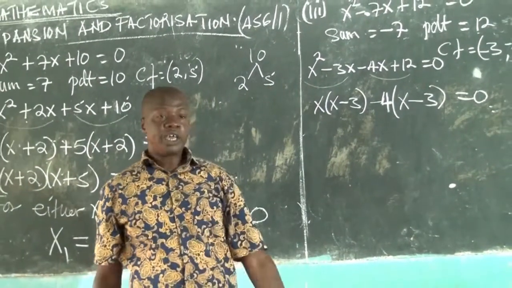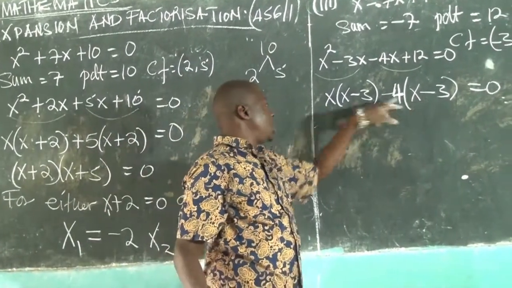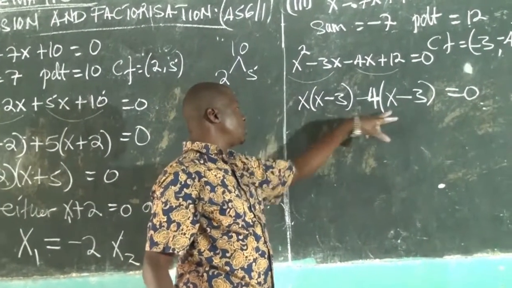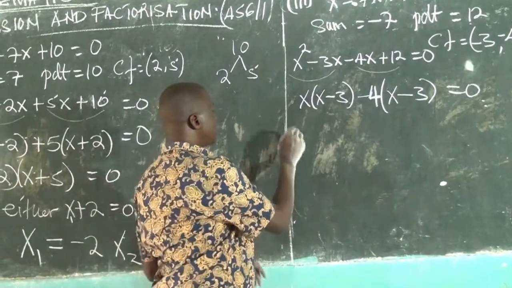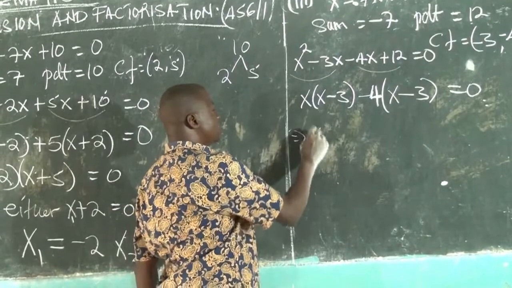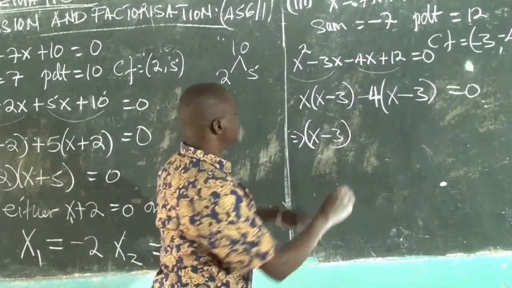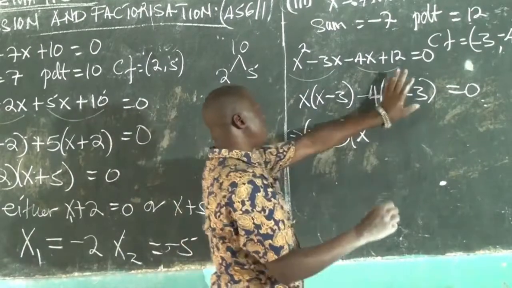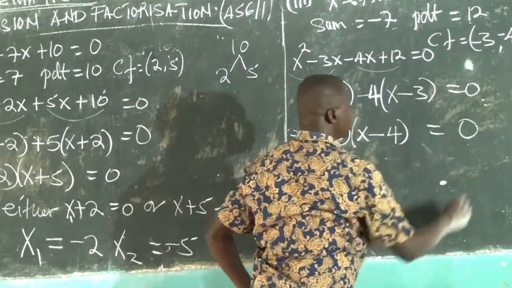When you are factorizing, you should always maintain these two brackets. These two brackets are supposed to be similar. That's why we say the common factor is x minus 3. Cover that, we shall have x. Cover this, we shall have minus 4 equal to 0.